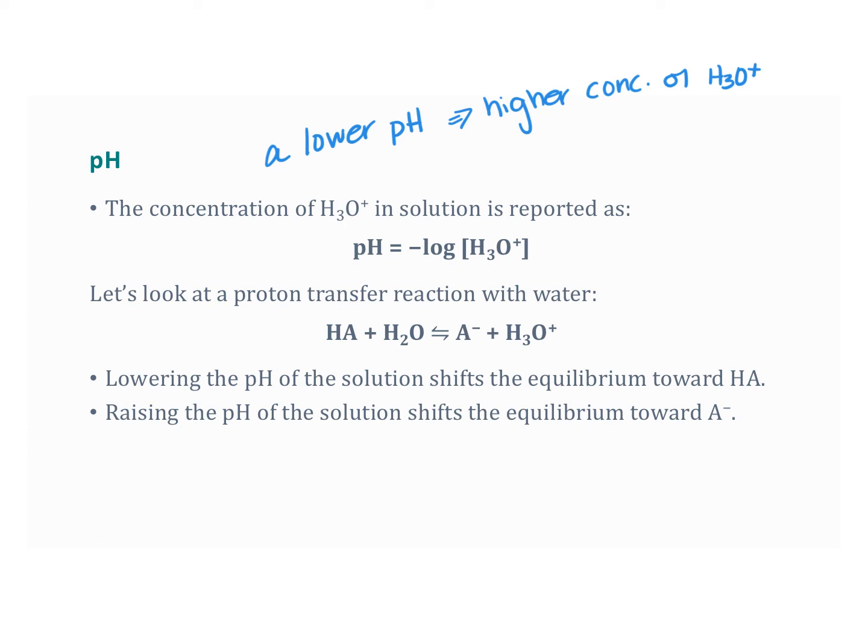So for example, if we have a lower pH, we'll increase the concentration of H3O+ here, and it's going to shift equilibrium this way towards the reactants. If we raise the pH of the solution, then it's going to decrease the H3O+ and shift the reaction towards the products. So just a friendly reminder to watch out for those pHs, because that language, lower pH, means a higher concentration of H3O+.